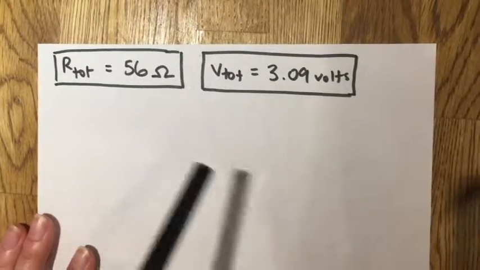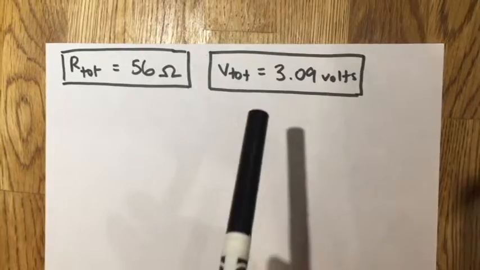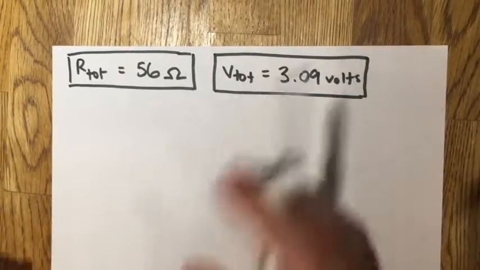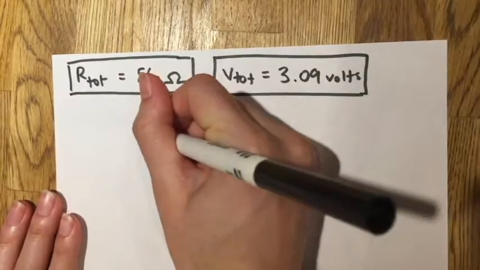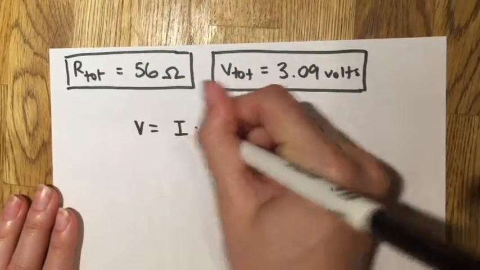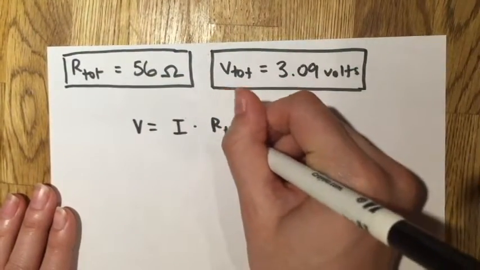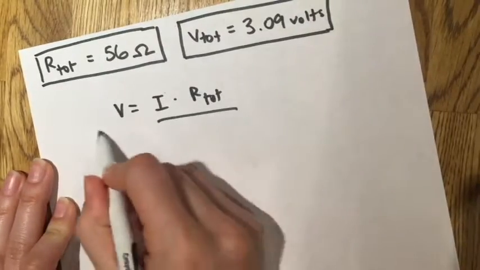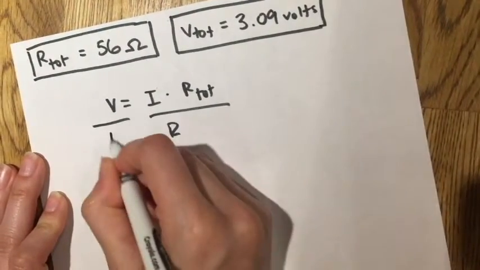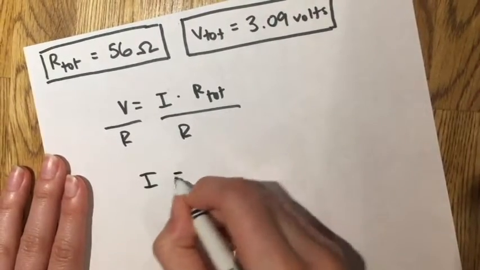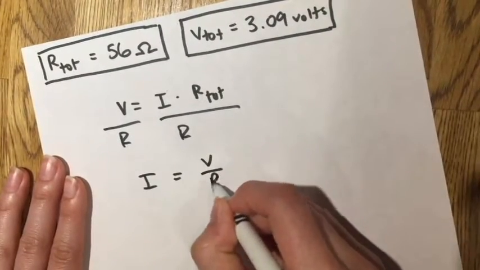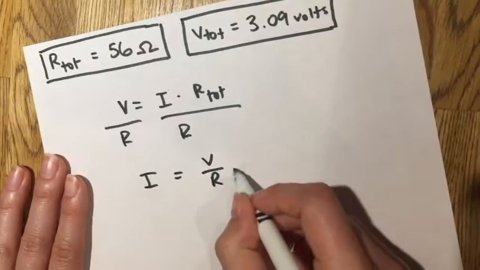Okay, so now that we have the total resistance and the total voltage, then we can finally plug it into the original Ohm's law. So the voltage equals current times the total resistance. So we're going to divide by R, and then we're going to end up getting the current equals the voltage over the total resistance.